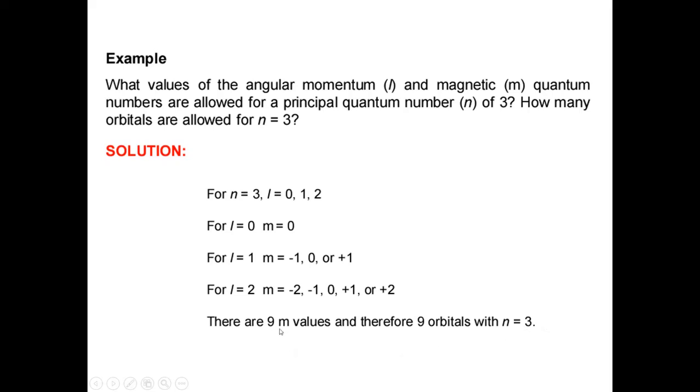Why is it 9? Nine orbitals, right? 1, 2, 3. 9 orbitals with N equal to 3. 9 values. 1, 2, 3, 4, 5, 6, 7. 1, 2, 3, 4, 5.